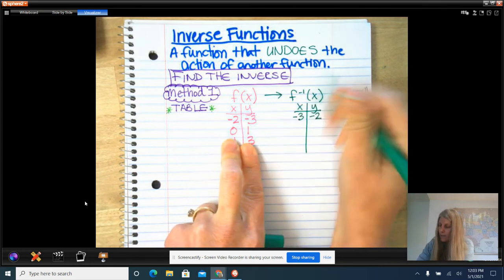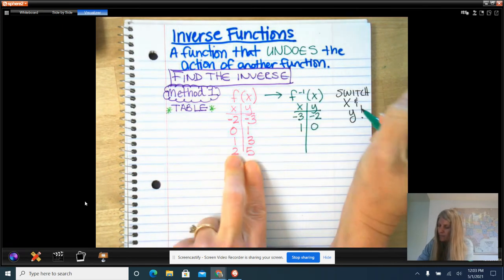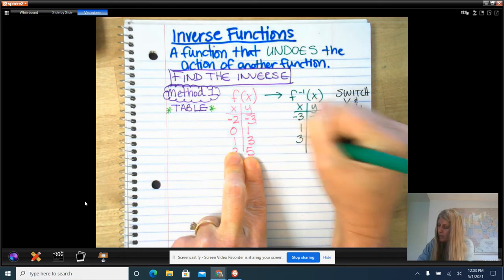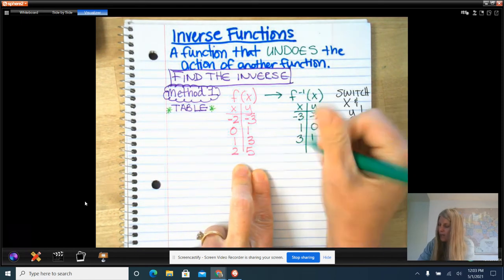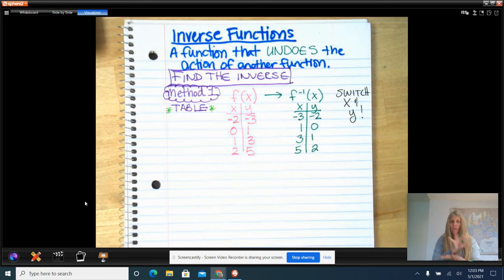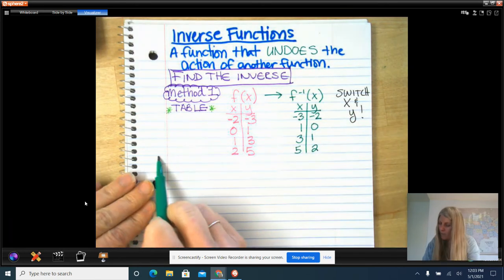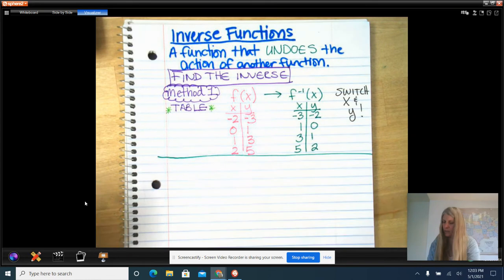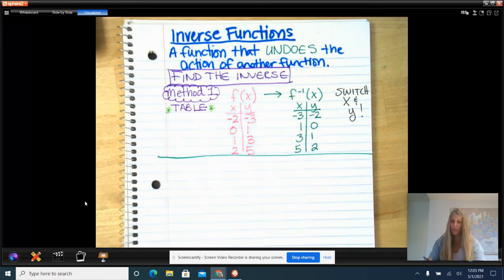So our 0, 1 is going to become 1, 0. Our 1, 3 is going to become 3, 1. And our 2, 5 is going to become 5, 2. So you simply switch them. That is our first method of finding the inverse. Method 2.